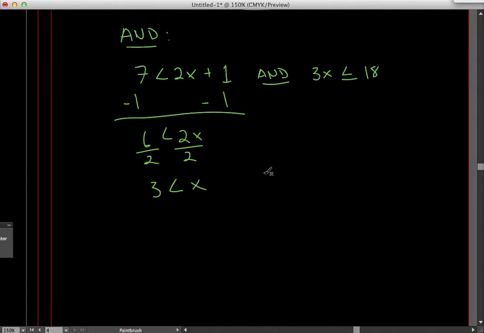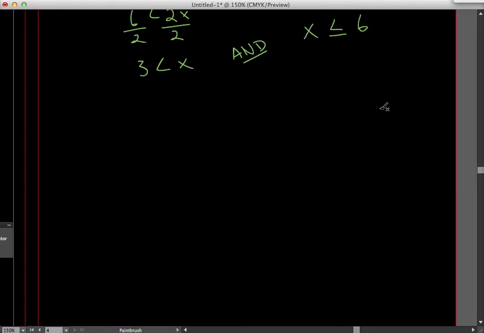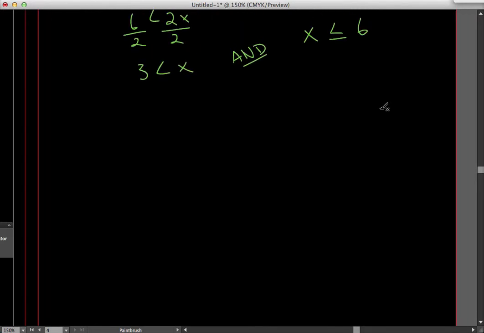Then we can simplify this one in one step by dividing by 3 on both sides, and you're left with x is less than or equal to 6. These are still joined by the word "and." So these are our two inequalities that we need to graph, and we're going to set those up right now.